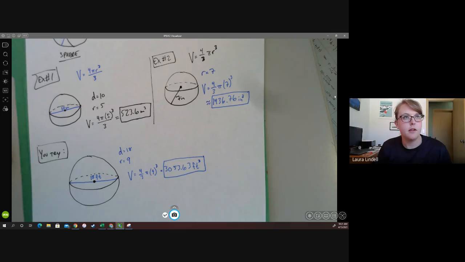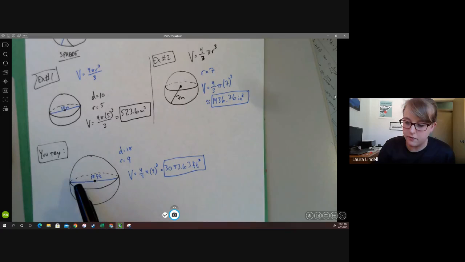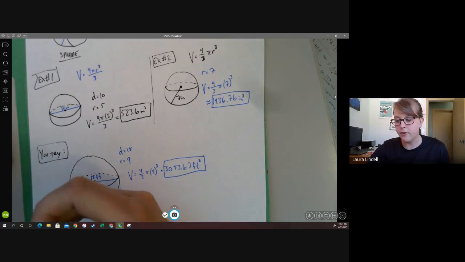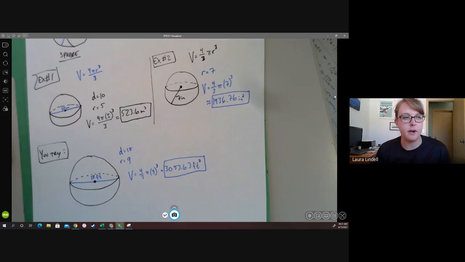Okay. I guess one other thing that I'll add to this real quick, just curious, if I wanted to find the volume of just half of a sphere, like if I only wanted to find the volume of the top half or the bottom half of this sphere, what could I do at the end? Divide. Yes, Marissa, we would divide by 2.